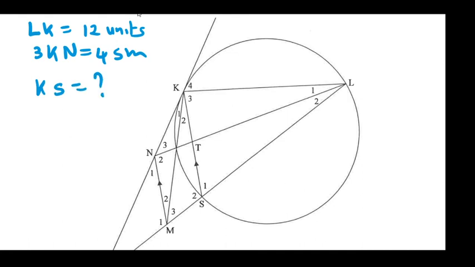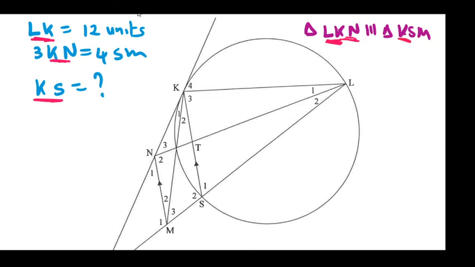So I want you to note from what we were doing in the previous question, we proved the similarity between triangle LKN and triangle KSM, right? And there's something common here. There's LK here, there's LK here. There's KN here, there's KN here, there's KS, and there's KS, right?